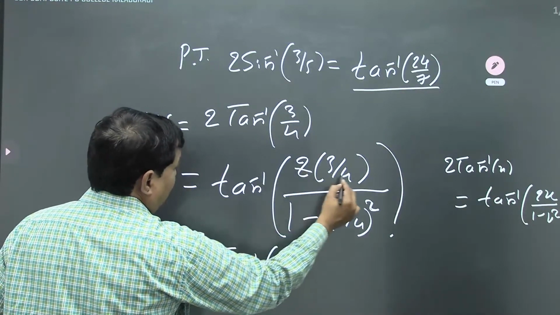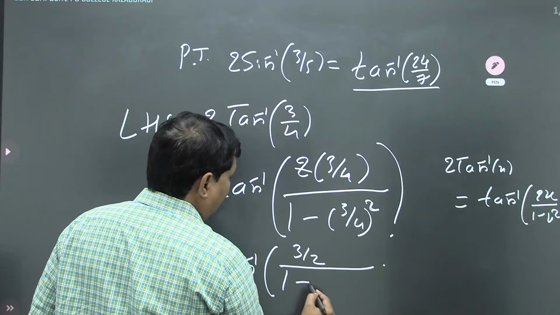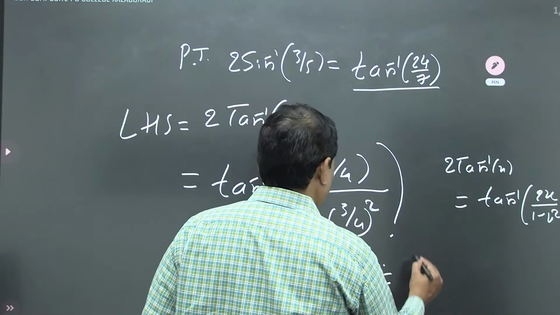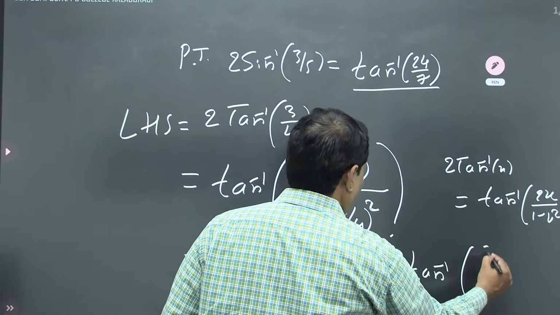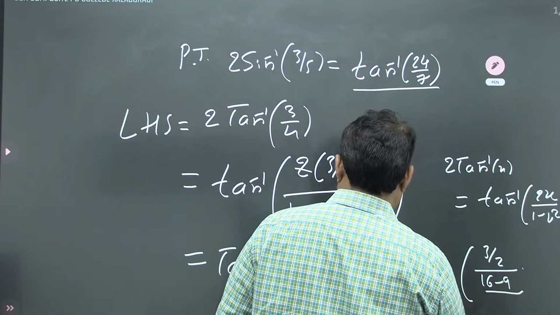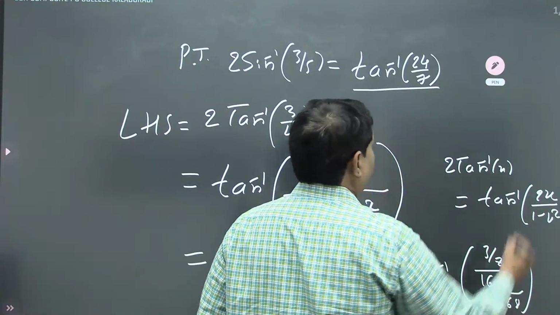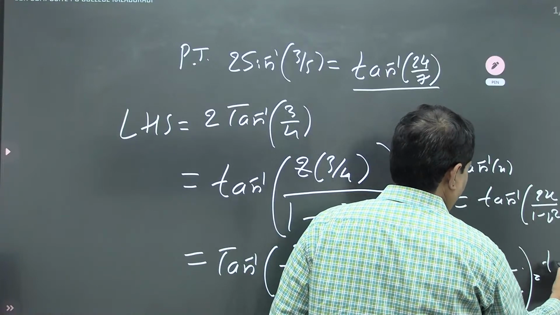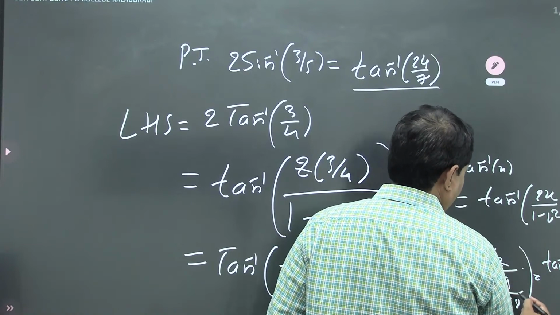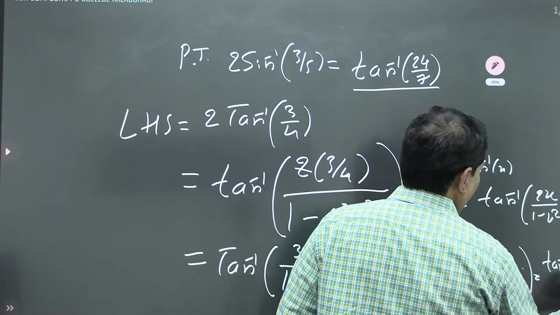tan inverse of 2 1s are 2, 2 2s are... Therefore, here you have 3 by 2, 1 minus 9 by 16, or this is equal to tan inverse of 3 by 2, (16 minus 9) by 16, 2 1s are 2, 8 2s are... So this is equal to tan inverse of 8 goes, numerator 24, 16 minus 9, 7.